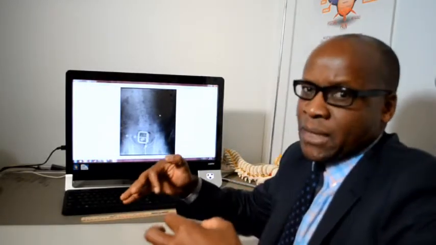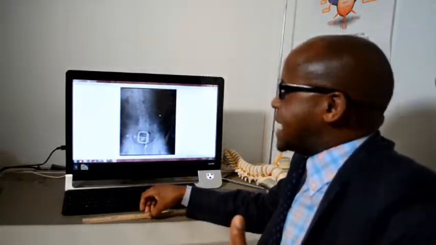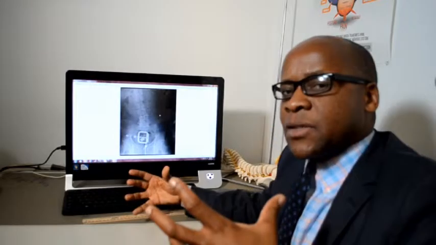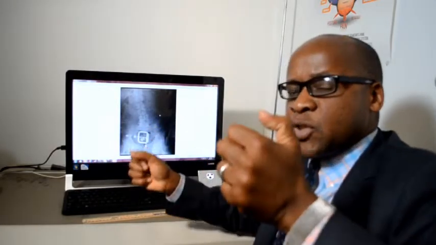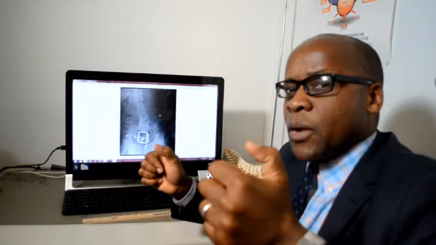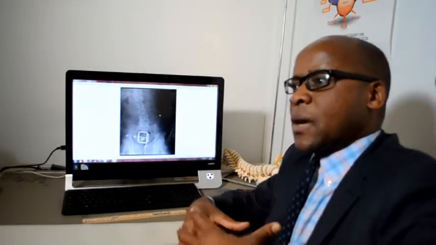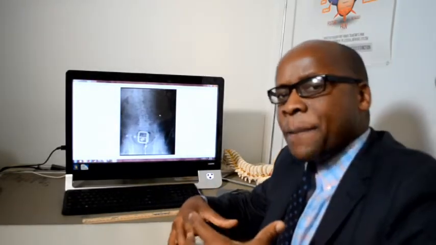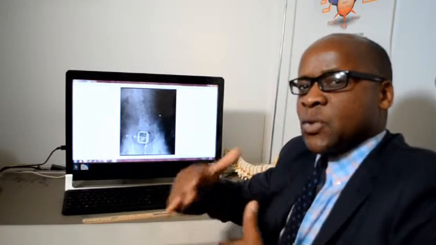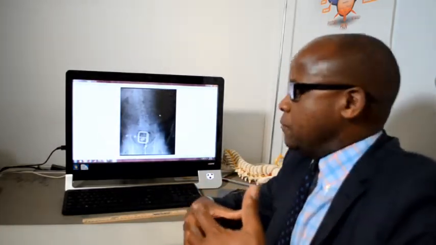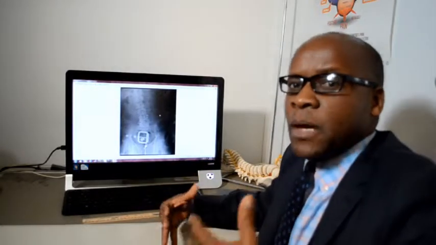How do we do that? We try to reduce the misalignment in the joint. That means the joint can start to move a little better. Increasing range of motion and mobility brings more blood into the area. And when more blood comes into the area, the body starts to heal. And how does it heal? It starts to reform those things.